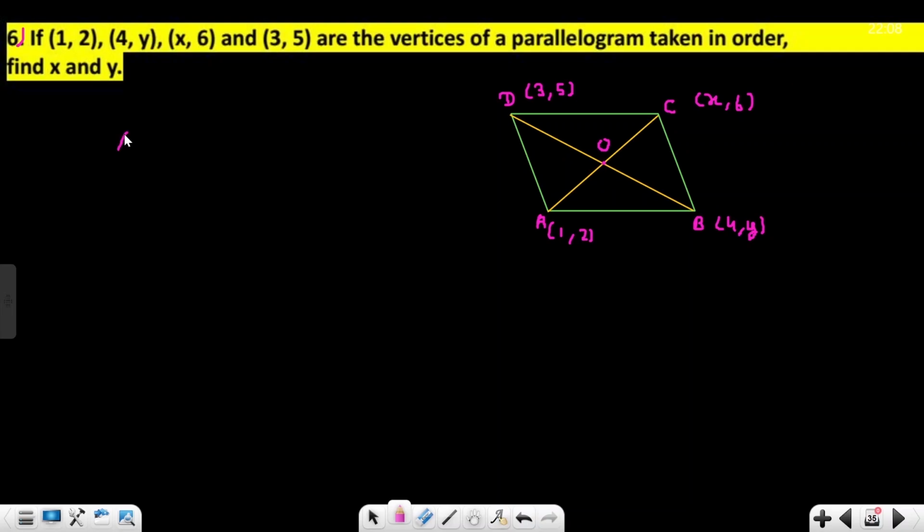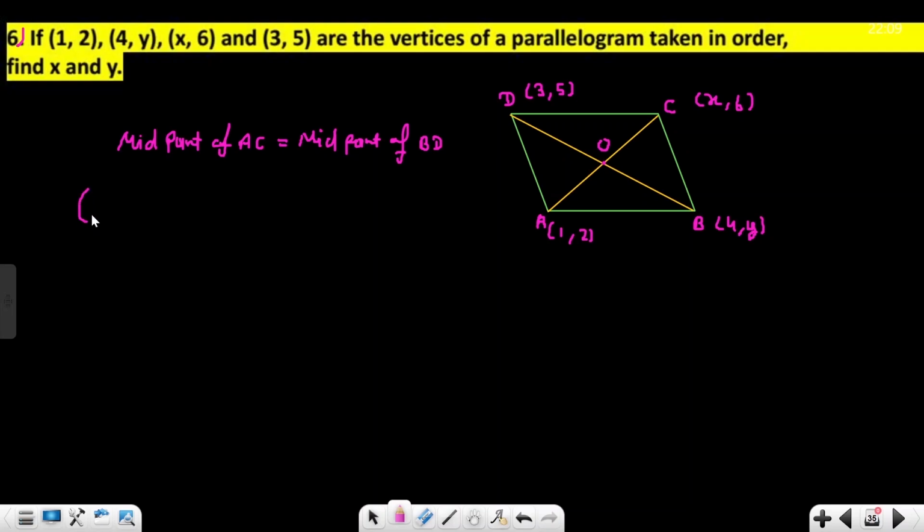Okay, it means midpoint of AC is equal to midpoint of BD. Second thing you can write here: O coordinate is equal to O coordinate. We can find the O coordinate by two lines, AC and BD. If you apply the midpoint formula, it's so easy.